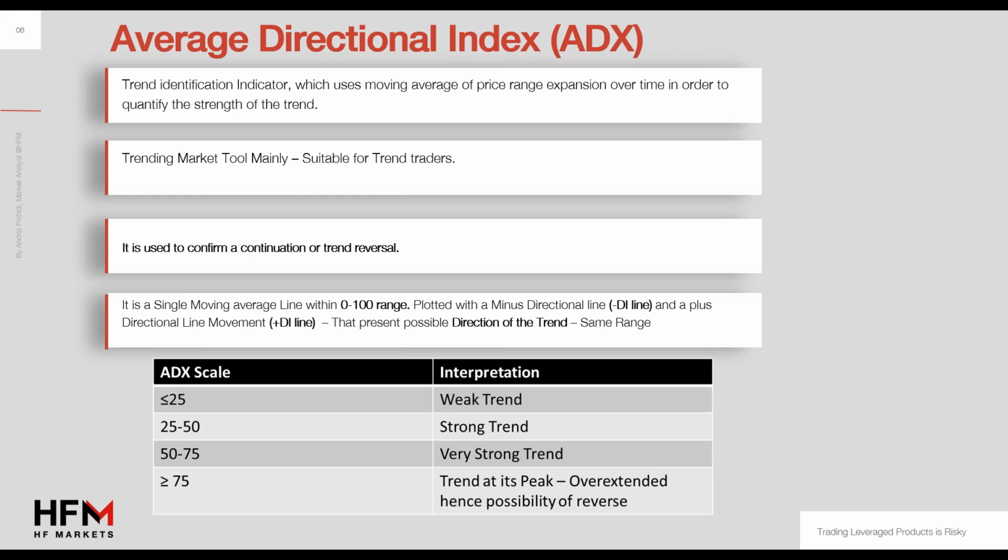So if our ADX is moving below 25, that implies a weak trend or even no trend. That means that our asset might not be trending, might be moving sideways. So we have either a weak trend or no trend at all.